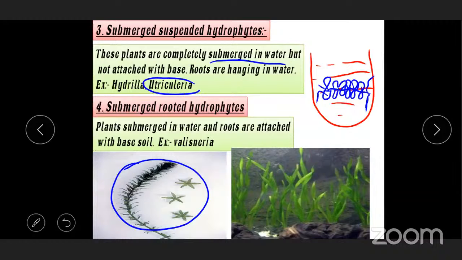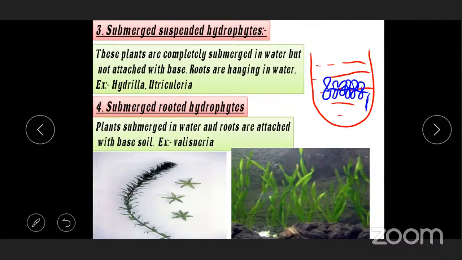Have you heard the word Utricularia? What is the specialty of Utricularia? Yes, Utricularia is one of the insectivorous plants.